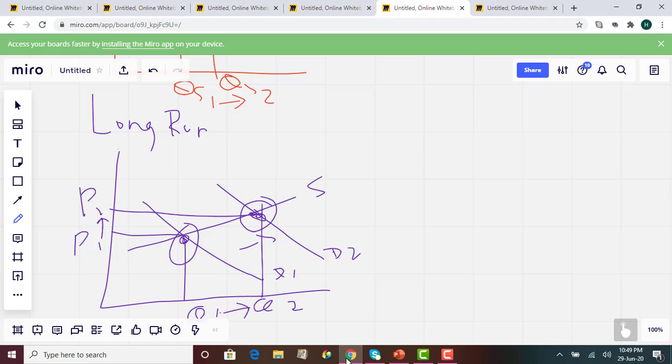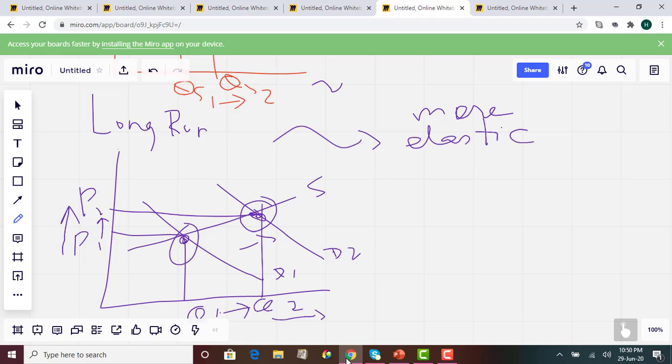So to a small percentage change in price, there is a large percentage increase in quantity supplied. So this refers to an elastic situation, or more elastic compared to the short run. Probably in the short run we will have a coefficient between 1 to 5, and in the long run we'll probably have greater than 5 price elasticity of supply.